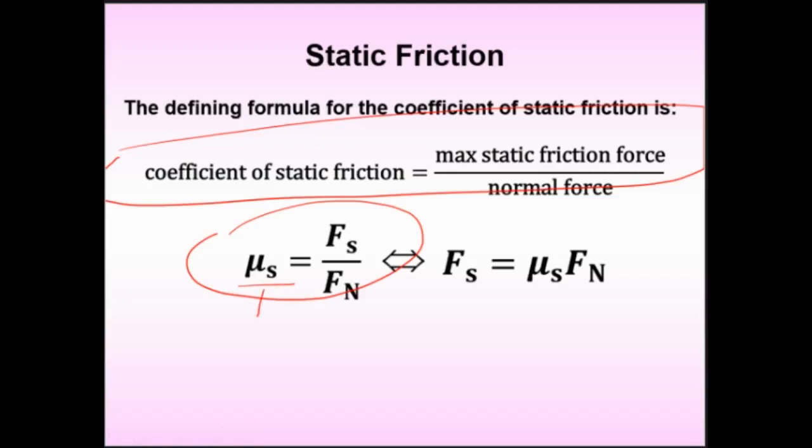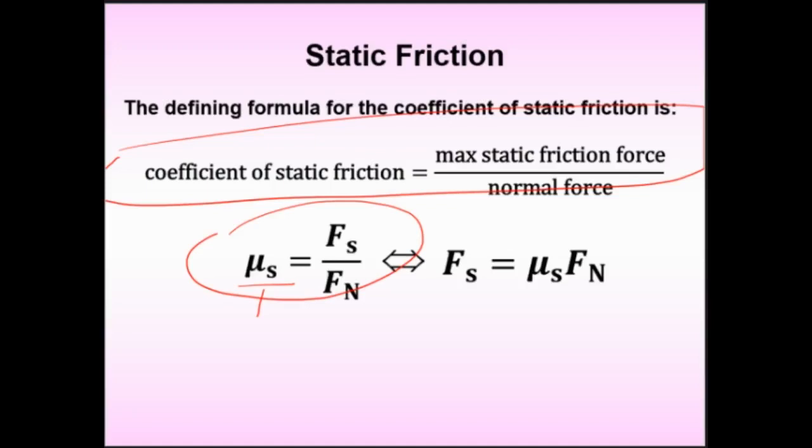So one equation gives you the value of the coefficient of friction by dividing Fs over Fn. The other equation gives you Fs, which is the actual amount of force you need until you start moving something, which is mu s times Fn.